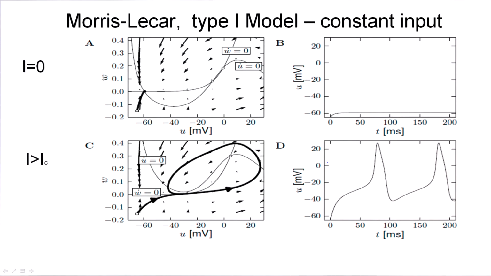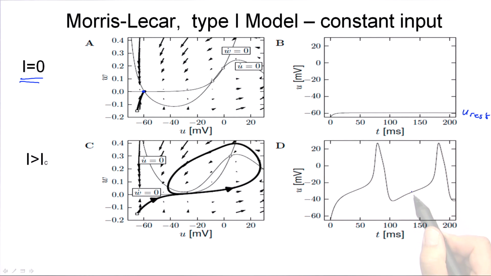Now here is an application, a concrete model. If the input current is zero, I have a stable fixed point here, and indeed the voltage trajectory goes to the stable resting potential. Now if I input larger than the critical input, starting from the same value, it goes on the limit cycle, and the limit cycle is fairly slow here.